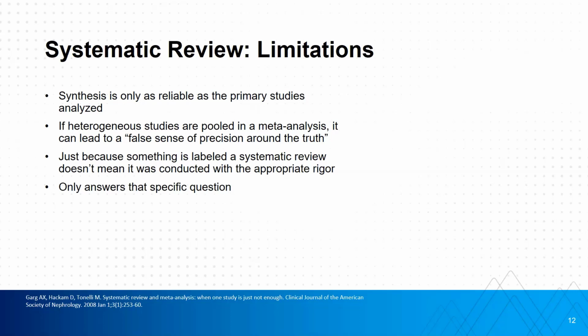And of course, it only answers that specific question. Systematic reviews are not made for generalizations. They're answering that specific question. They're not answering even really, really related questions. So you can't make big assumptions on them for a general topic.